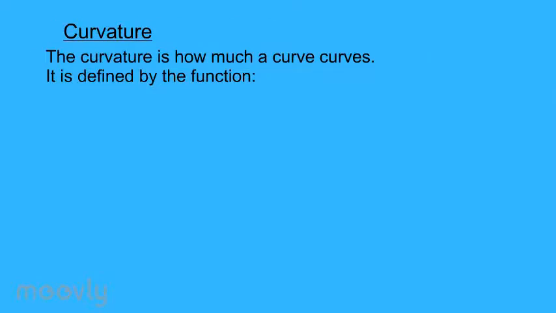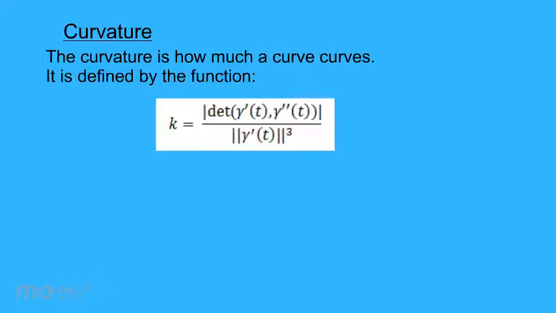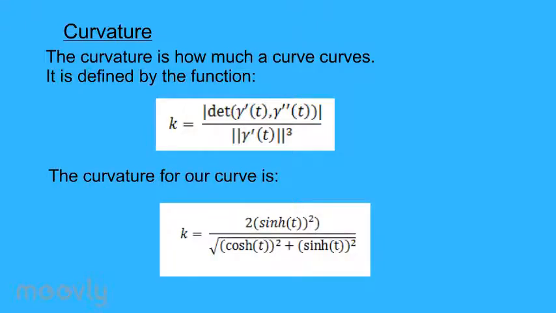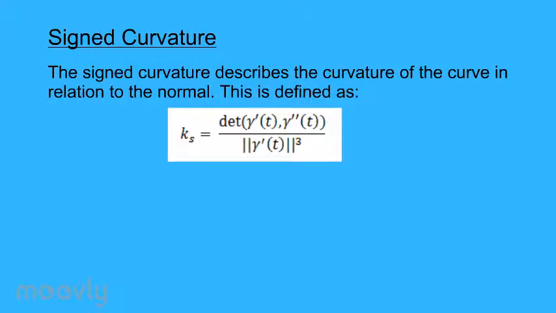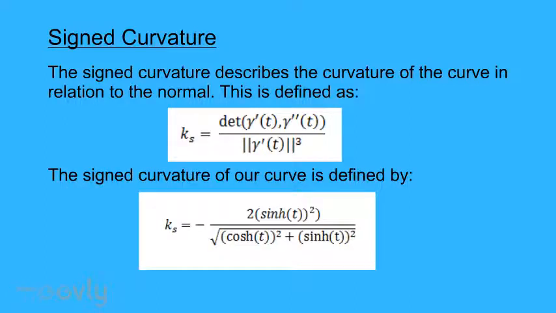The curvature is how much a curve curves. It's defined by the following function. The curvature for our curve is shown. The signed curvature describes the curvature of a curve in relation to the normal, and this is defined as shown. The signed curvature for our curve is defined by the following.